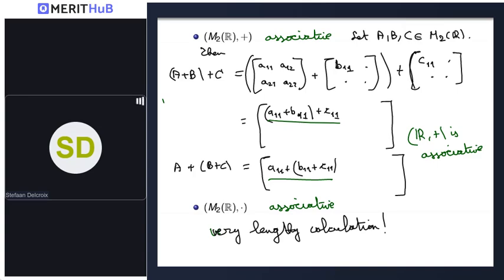Is there maybe an easier way? Yes, using something called sum notation, but that is definitely not the topic of the cset. Okay, but so the good news is our numbers and our matrices under addition and multiplication are both associative.